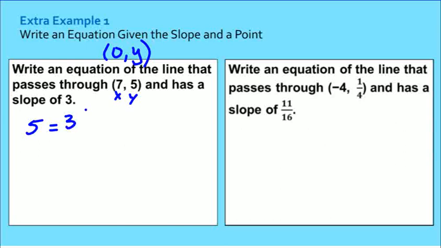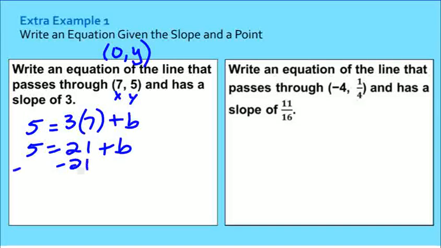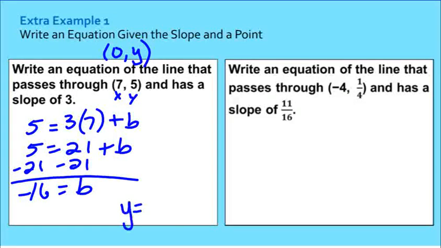So we have the slope of 3, x of 7, find the b, and we have 5 equals 21 plus b. To get b by itself, I subtract 21 on both sides, and I get -16 equaling b. So our equation would be y equals 3x minus 16.